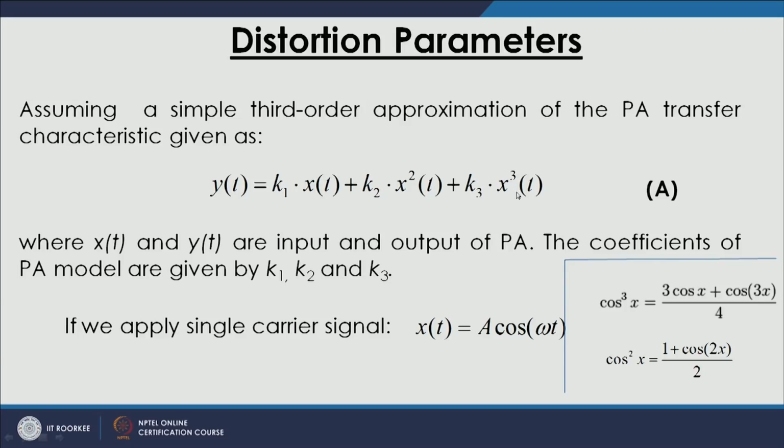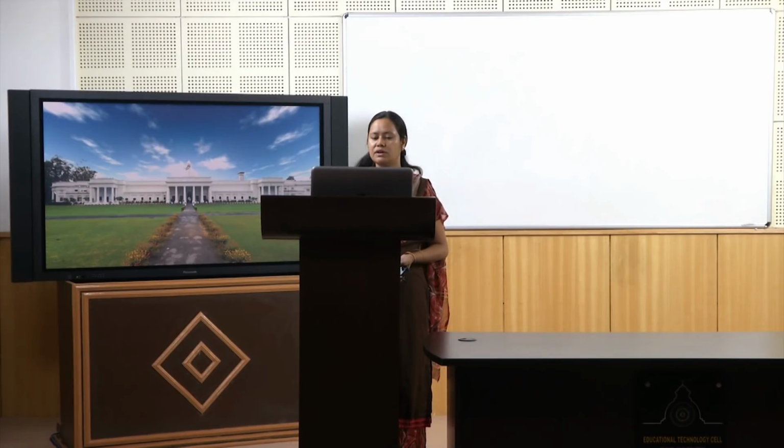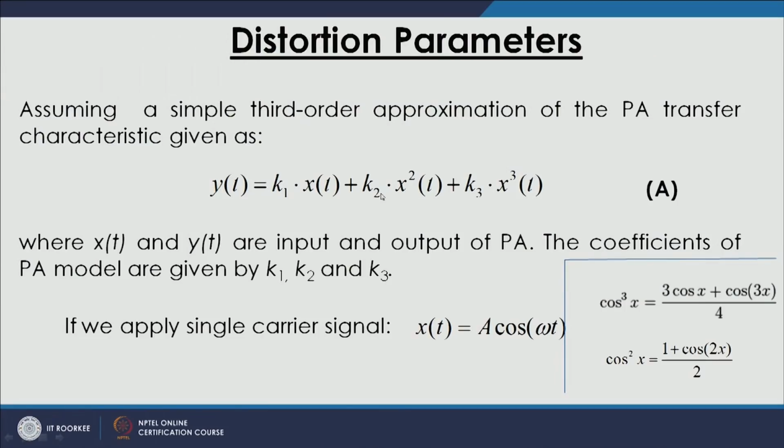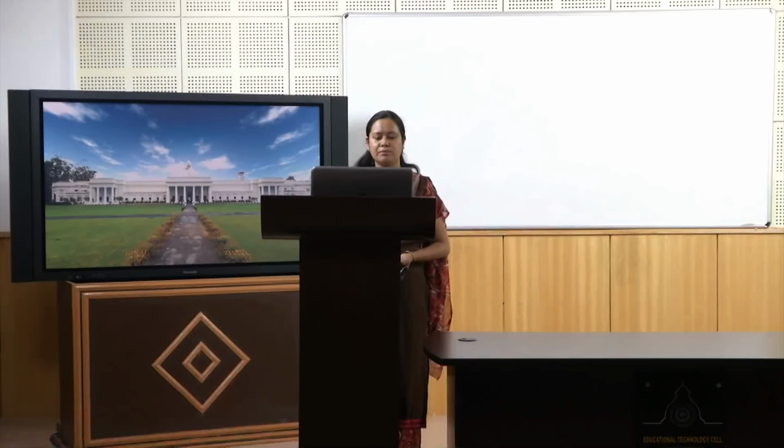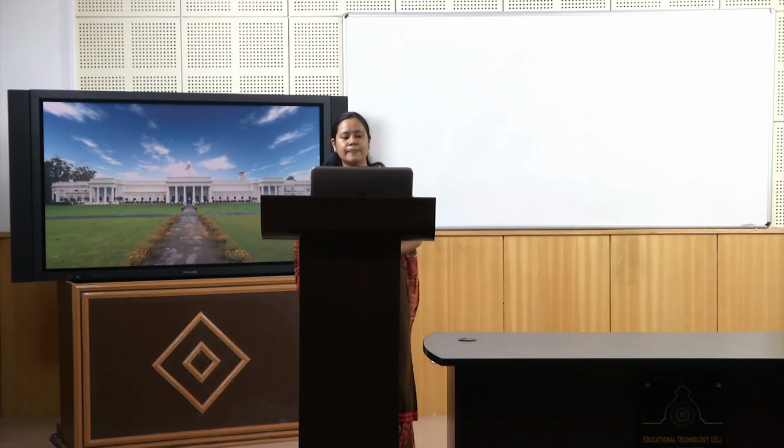These k1, k2, k3 are representing the coefficients attached with the particular kernel, particular nonlinearity order, according to any particular PA. So what we do in real life, when we have the input and output data, we fit our k1, k2, k3 so that it is resembling the actual y of our practical power amplifier. So these k's are the PA model coefficients.